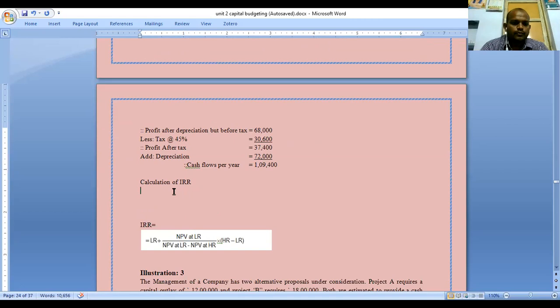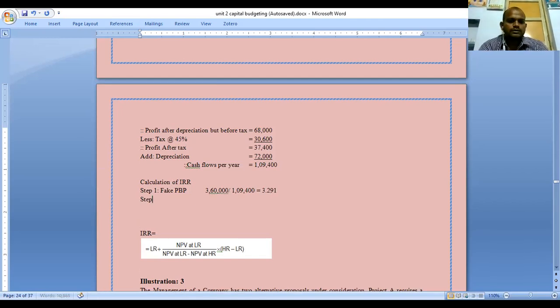So, step 1 in calculation is calculate the fake payback period, that is 3,60,000 divided by annual cash inflows. 3.291.